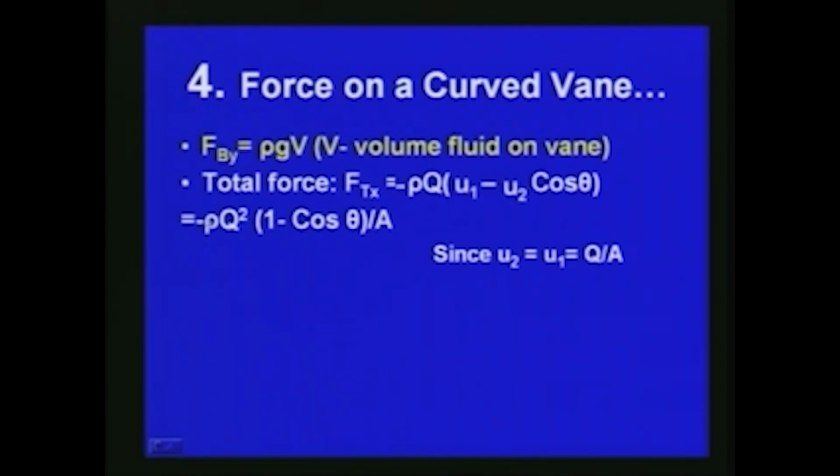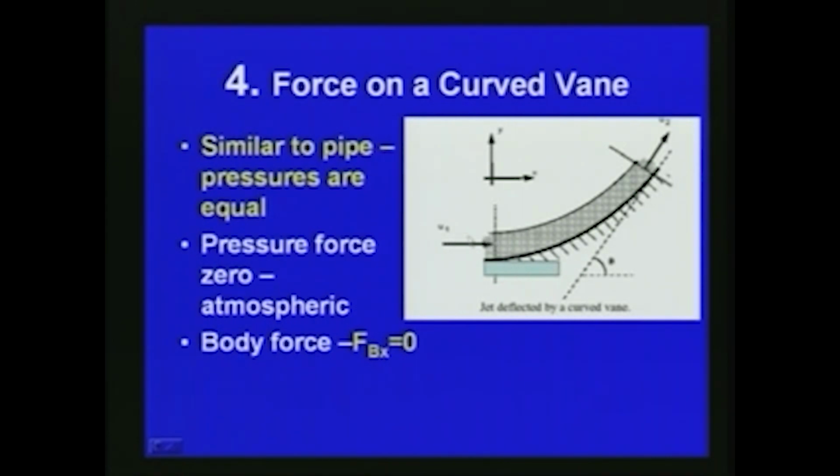Finally, this can be written as minus rho Q square into 1 minus cos theta divided by A, which is the area of cross section of the jet coming here.